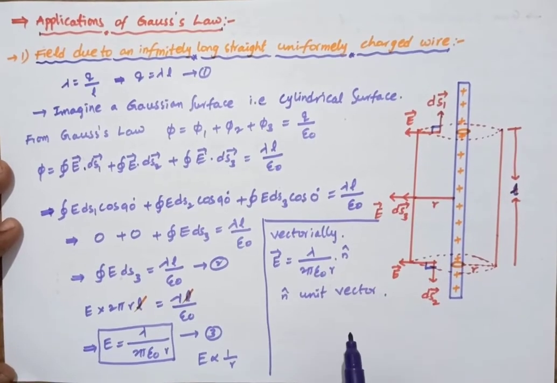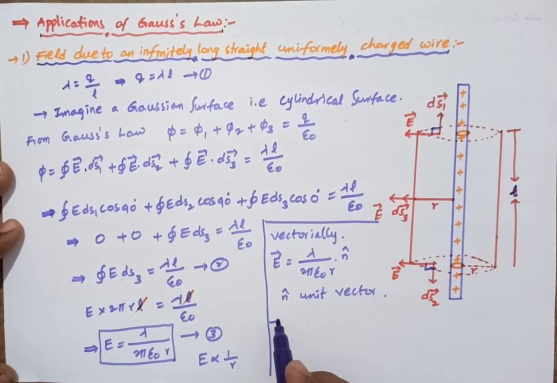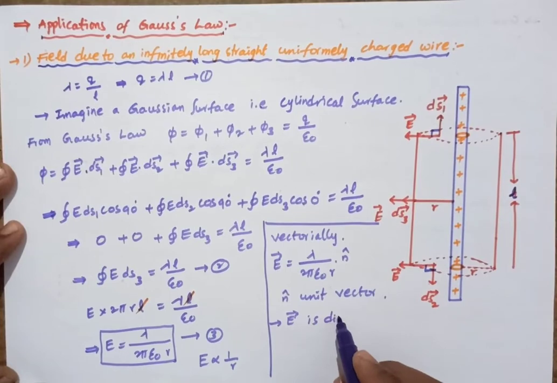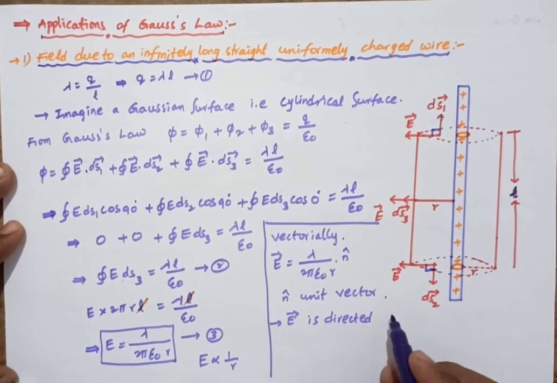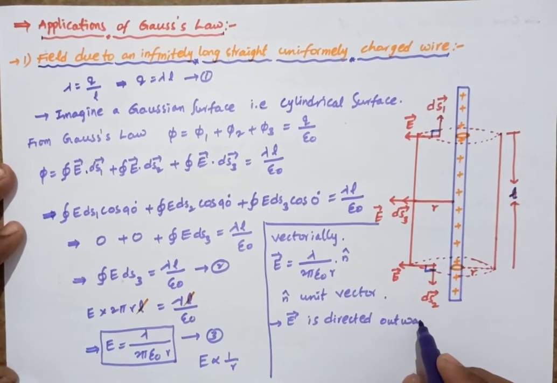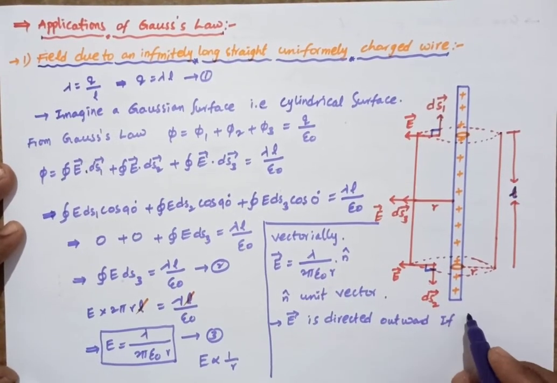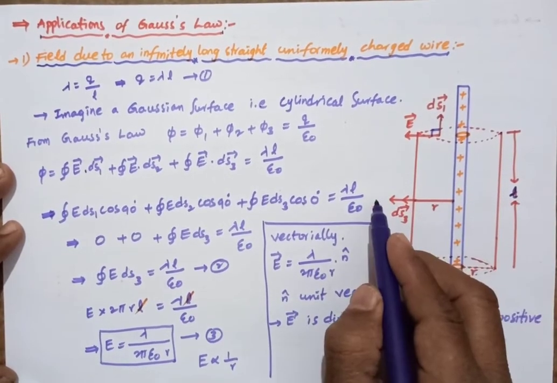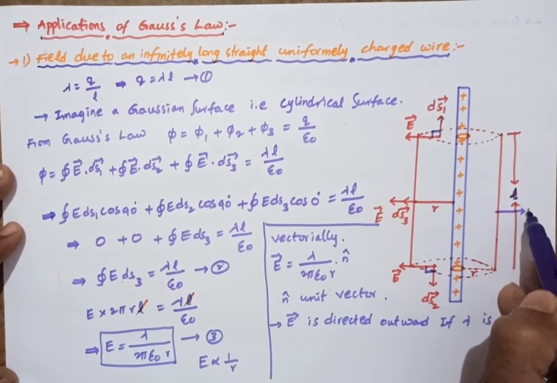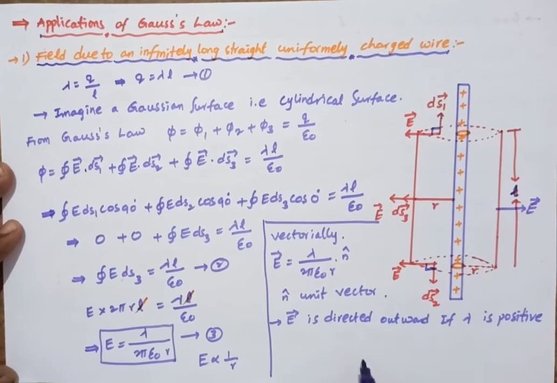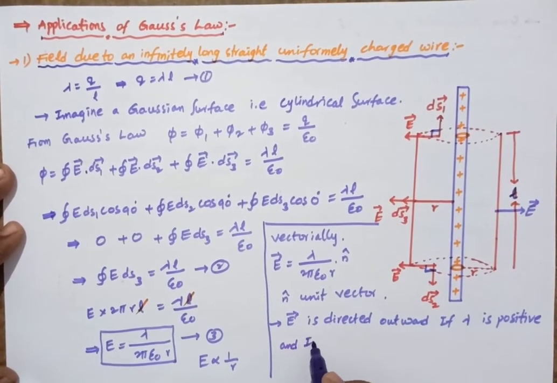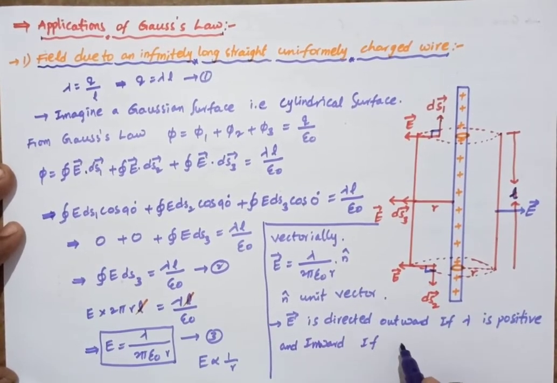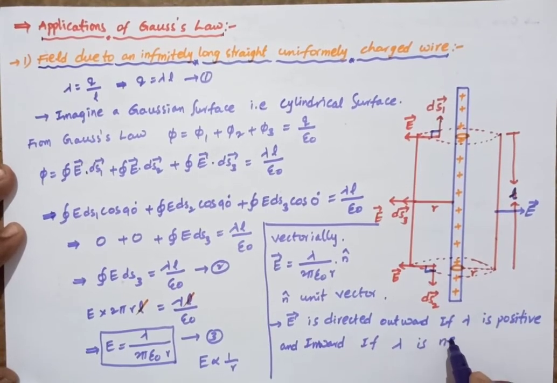Again, the direction of E is directed outward if lambda is positive, outward from this direction and this direction also, and inward if lambda is negative.